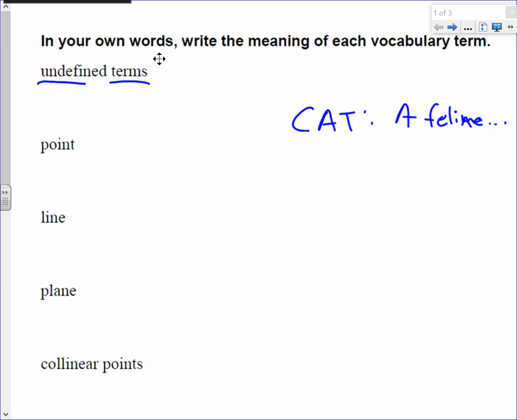We can define it. But then I ask you, what's the definition of feline? At that point you say a cat. You see the problem. You're using this term to define that term and that term to define this term. Sooner or later, where's your starting point for every word that you know?